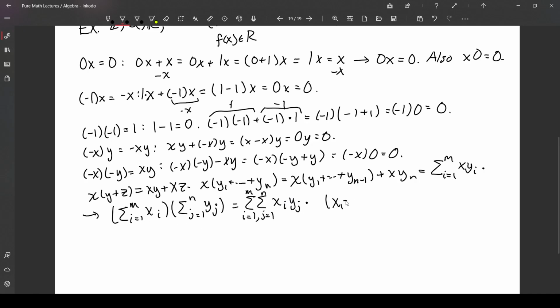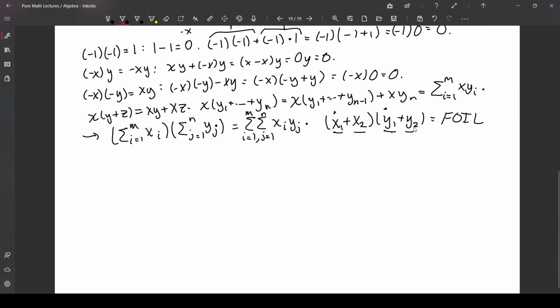For example, if you have x1 plus x2 times y1 plus y2, the result is going to be the sum of all the products x_i y_j. So you have x1 times y1 plus x1 times y2 plus x2 times y1 plus x2 times y2, which is the typical thing you might learn as FOIL, which stands for first, so you take the first terms, and then outer, inner, last. Anyway, those are some basic properties that we can derive from the axioms.